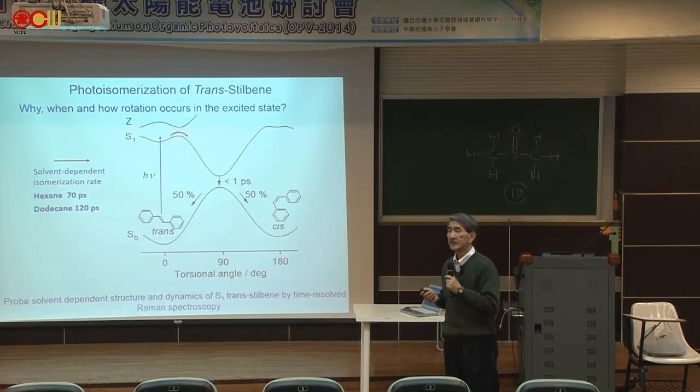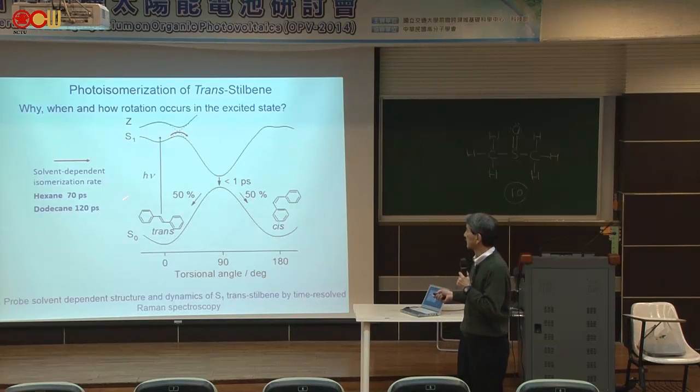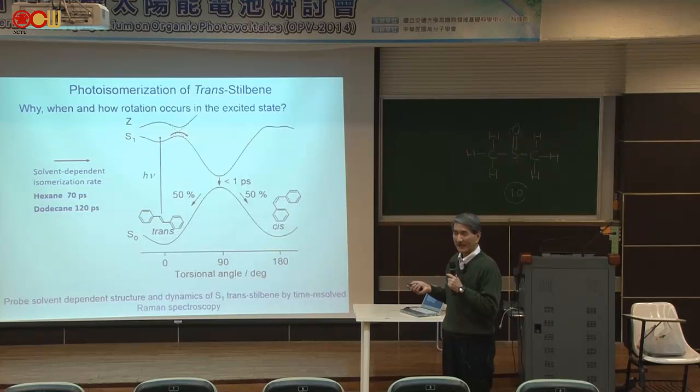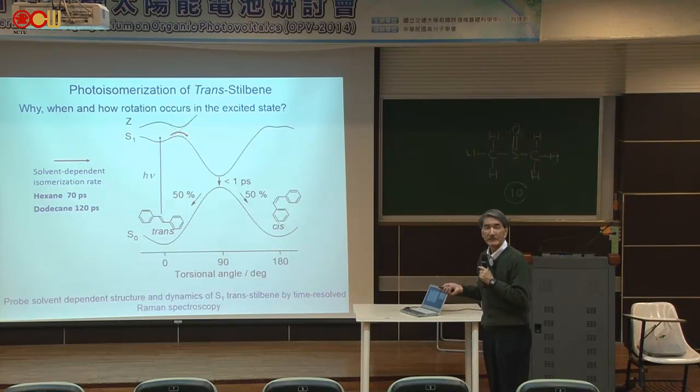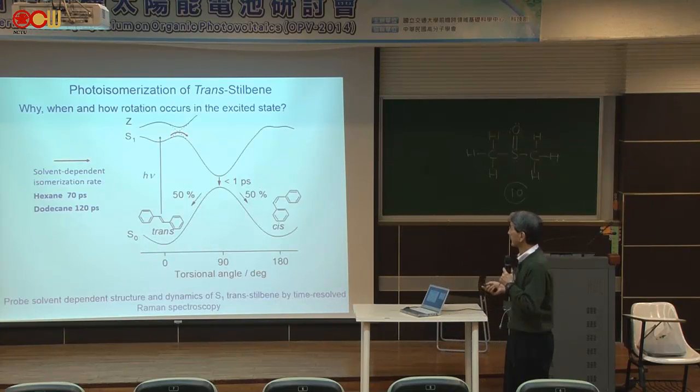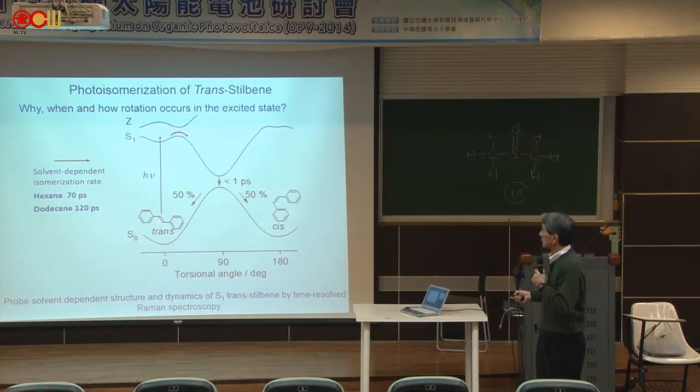Many, many physical chemists studied this system using ultrafast spectroscopy, and still many are studying this system to understand more about how the chemical reaction proceeds. If we photoexcite this molecule to the S1 state, somehow the rotation occurs.